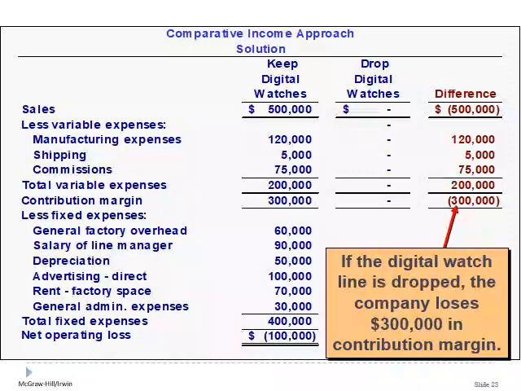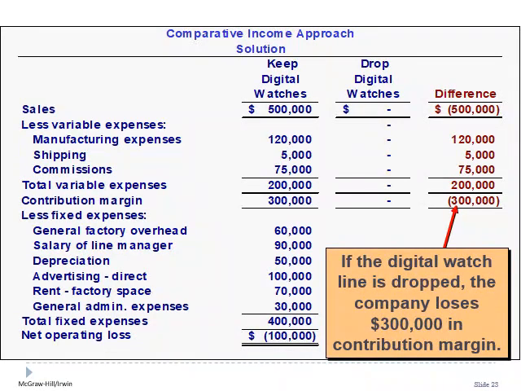The difference here equals dropping digital watches minus keeping digital watches. I subtract drop minus keep. Okay? As you see, the sales are 500,000. The difference between them is 500,000 in minus.